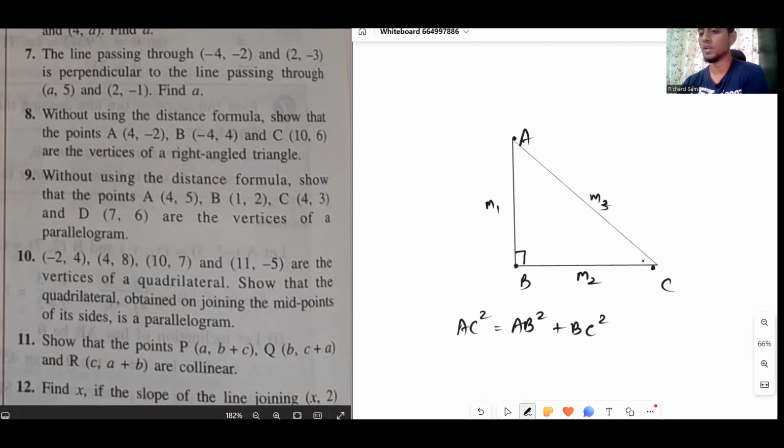If you want to check if the perpendicular is at C, then M2 into M3, we need to multiply and check if we're getting minus 1. So one of these we will get minus 1. We don't know which one, but any one. If we get minus 1 for any of the multiplication of the slopes, then we can prove that ABC are the vertices of a right angle triangle.